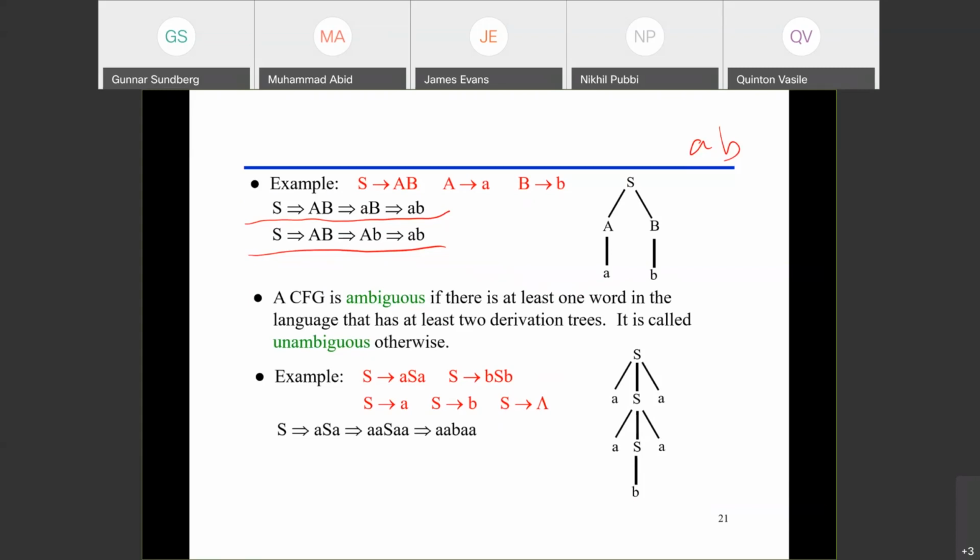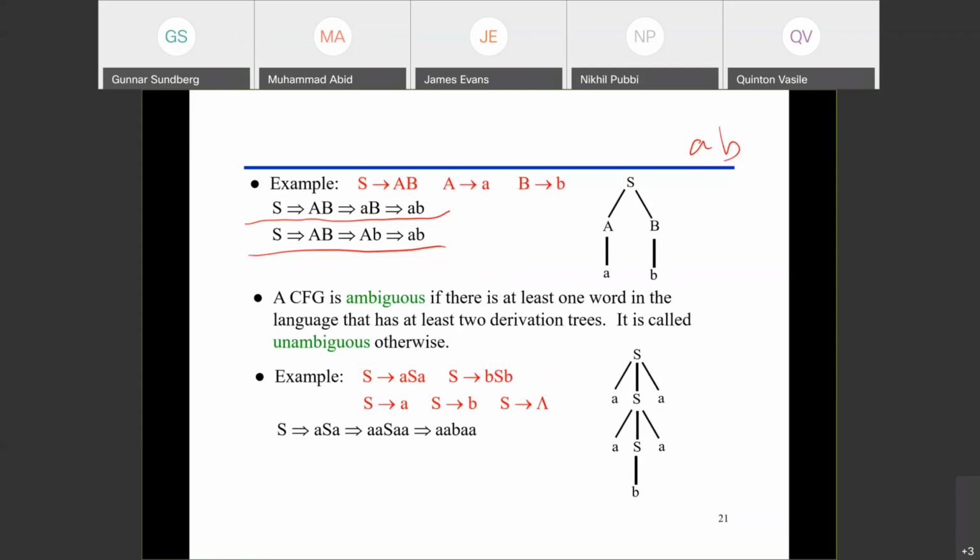This is more deterministic. The machine is not confused about which method or path to use, because only one path exists to generate a word. So we always appreciate that we should convert our ambiguous grammar into unambiguous grammar, or write unambiguous grammar, so the machine will not be confused.